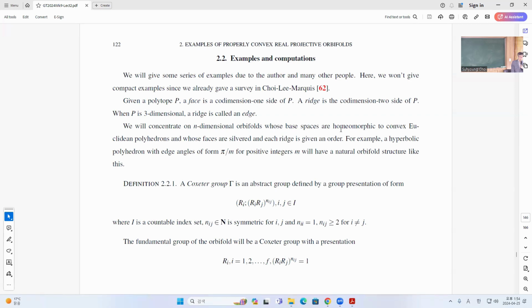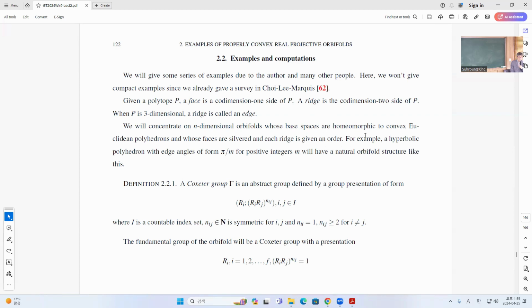So this orbifold is a polytope, and given this sort of dihedral group action on these faces, each ridge is given an order. And of course, for the vertex, you also have to have an orbifold structure, right?